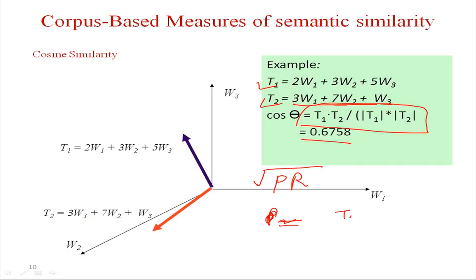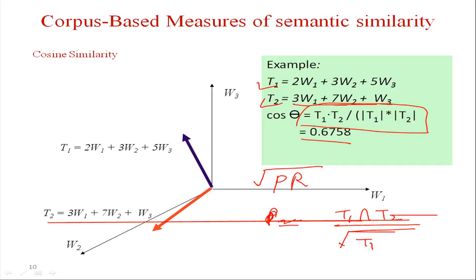This will be equal to T1 intersection T2 divided by root of cardinality T1 times root of cardinality T2.